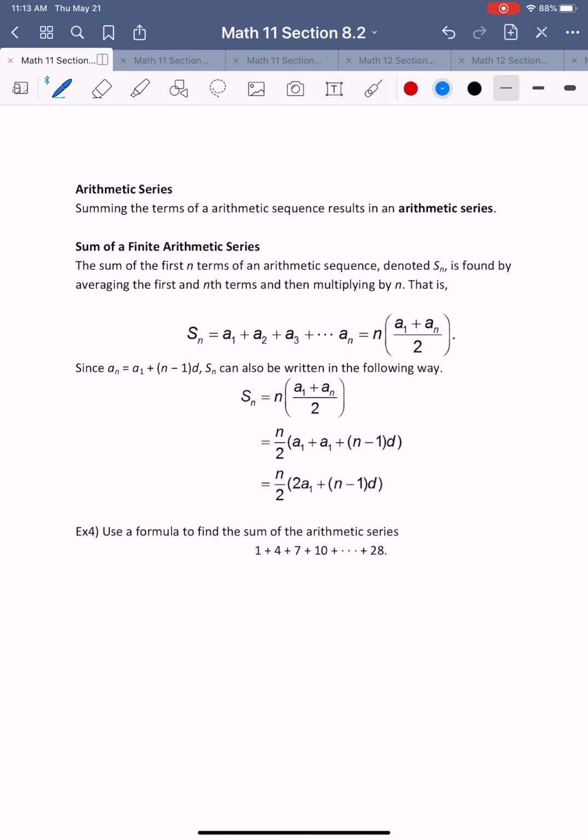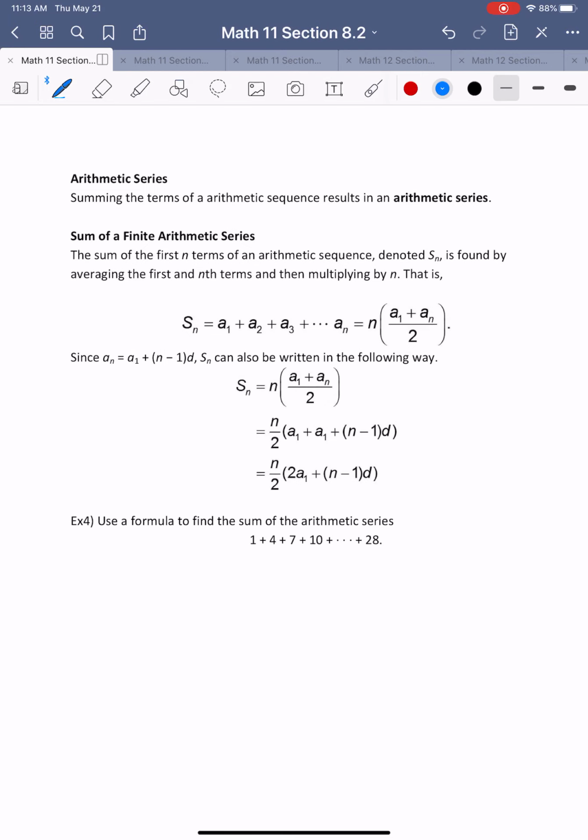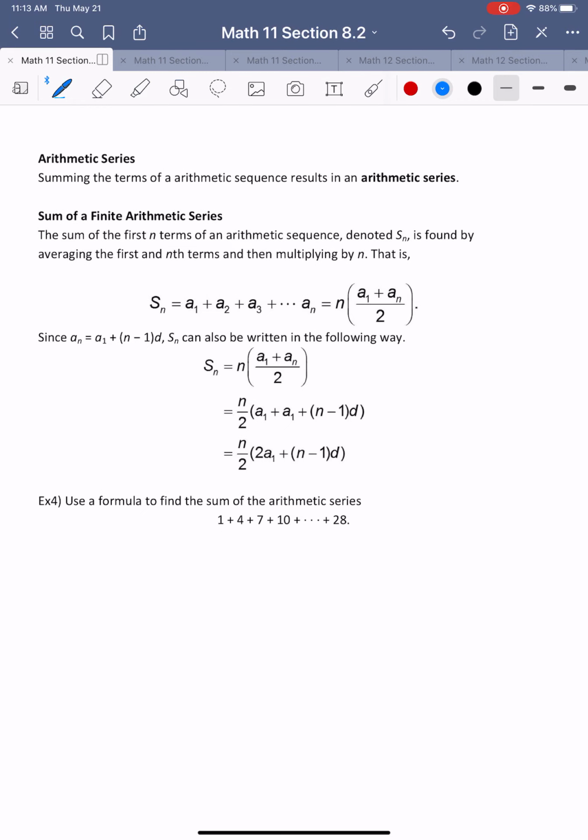And then we're going to talk about the special series, which is the arithmetic series first. Arithmetic series means we can make that into formulas. S sub n means adding all n terms together from the first, and this is the formula we can use. Use the formula to sum the arithmetic series.